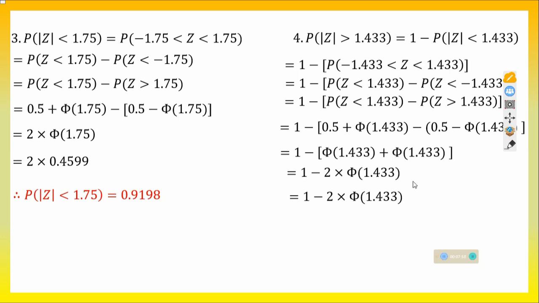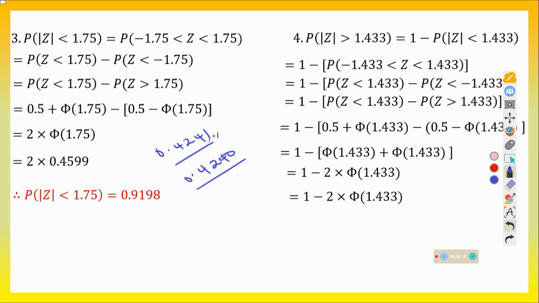0.4240. So when you look at the value we got from the calculator, it was 0.4241, and the value we are getting from the table is 0.4240. So you can see there is a difference there. So you have to use the tables, especially if the value has up to 3 decimal places. Even when you are using a calculator, you need to be careful with rounding off.